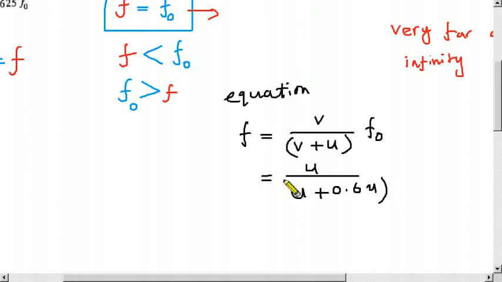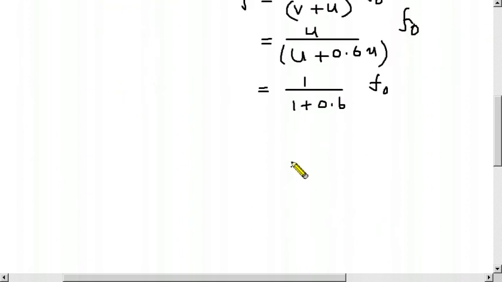So like this times f naught. Now you take u out of the bracket and cancel, then 1 over 1 plus 0.6 times f naught. So 1 divided by 1.6.